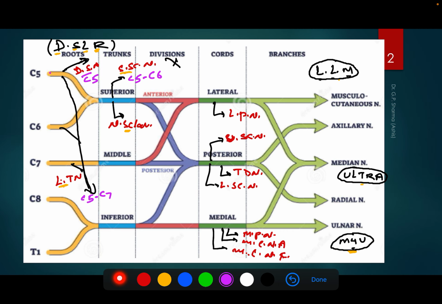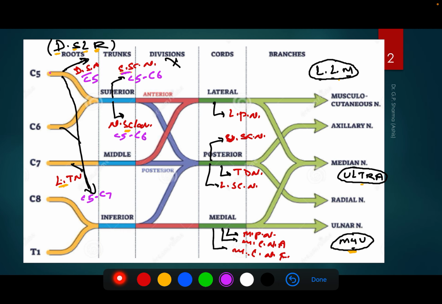After that we have another nerve here, the nerve to subclavius. Let's follow it. It is going this way, and this way, right? That means it is following this root and this root, so this is again C5 and C6, right?